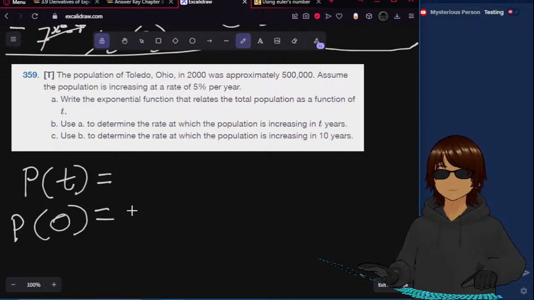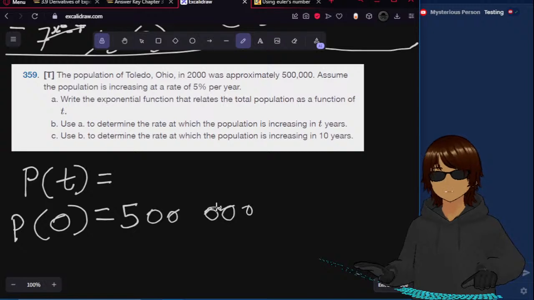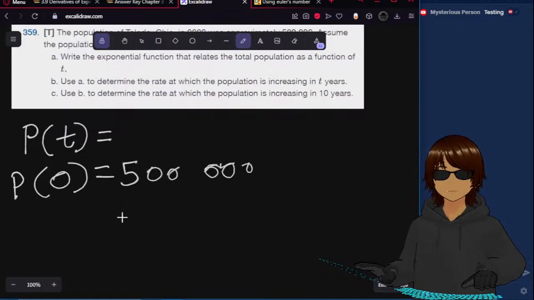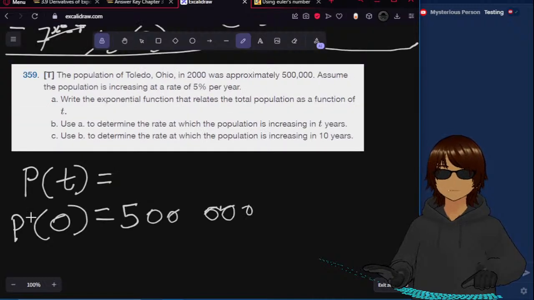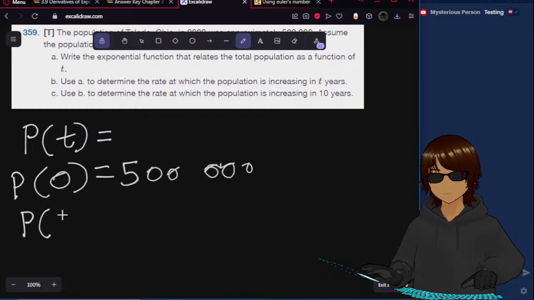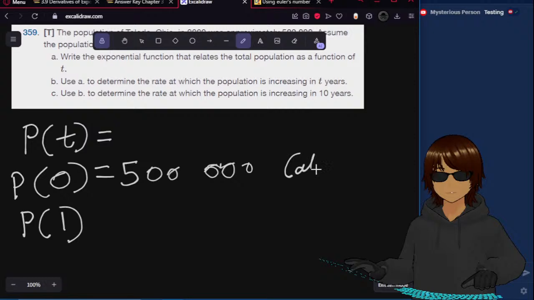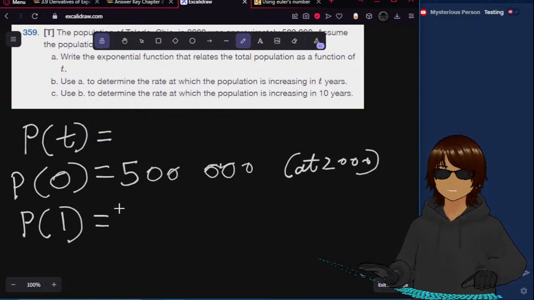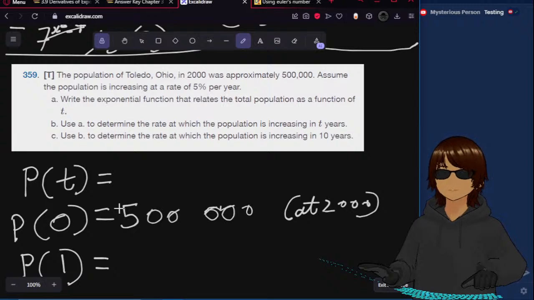So t0 at 2000 it was this, and then at 2001 is going to increase at a rate of 5% per year.